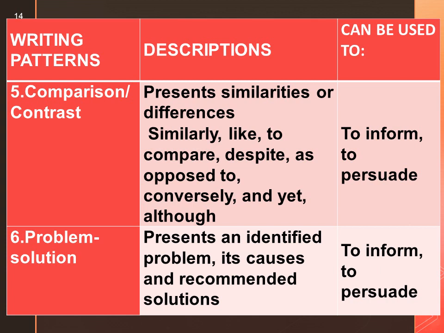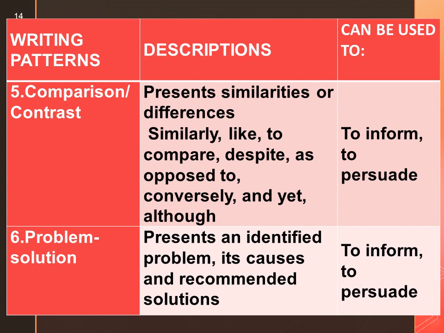However, when we talk about problem solution, we are presenting an identified problem, an issue, and after identifying or explaining about this problem, the next is to recommend solutions about it. So you have to understand that in writing this one, you first explain what the issue is and then you try to suggest solutions to that issue.